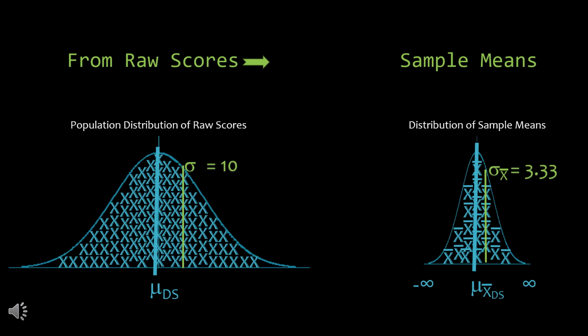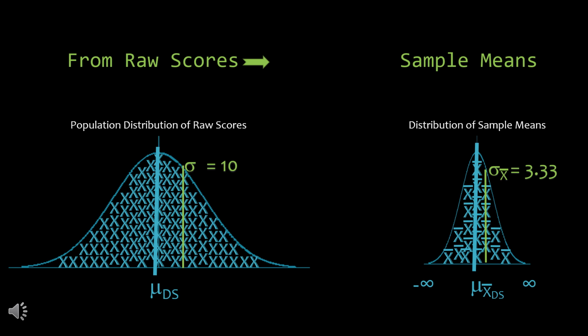Well, first, the sample mean that we just obtained, 57.77, is coming from that sampling distribution of the mean that has a mean exactly equal to the value, the mu we are looking for, the population mean for the Deep South folks, and a standard deviation of the means, or standard error, of 3.33.